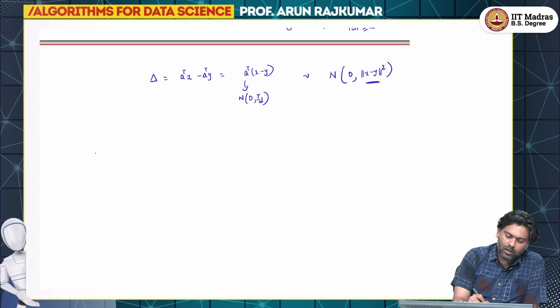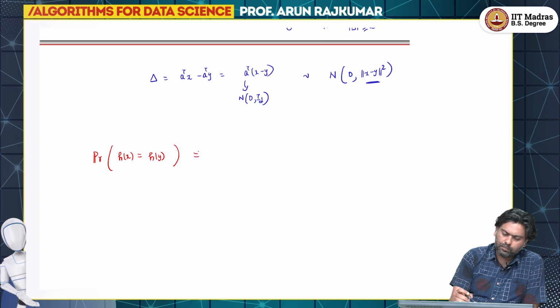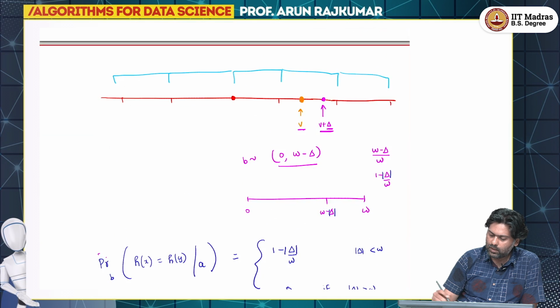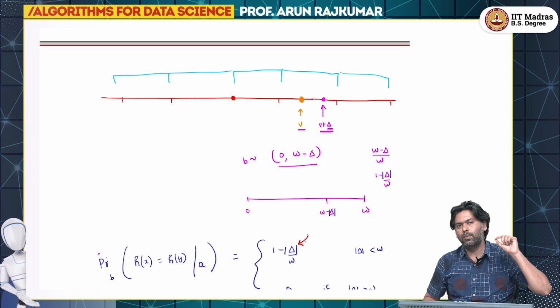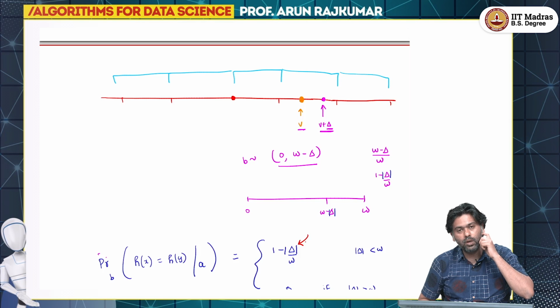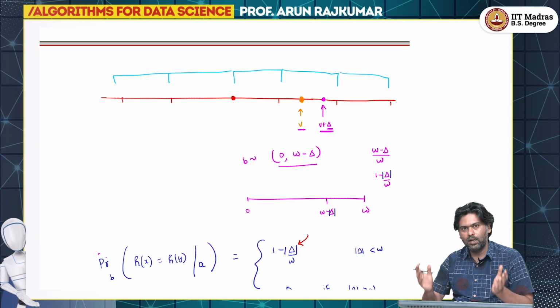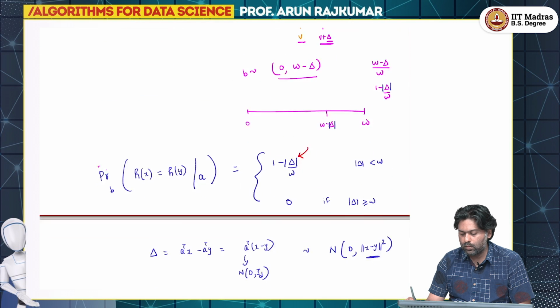So, then we will ask, what is the chance that over both the randomness of A and B, h of x equals h of y? Well, now this delta itself is random. A's randomness comes into the picture only via delta, because A transpose x minus y is what matters, and the absolute value of that.